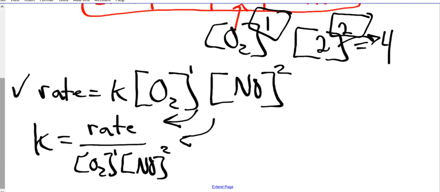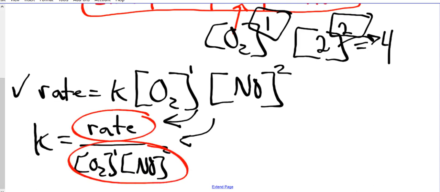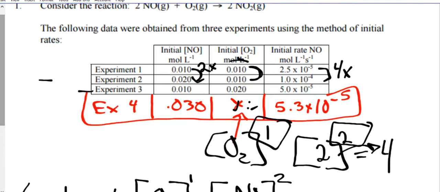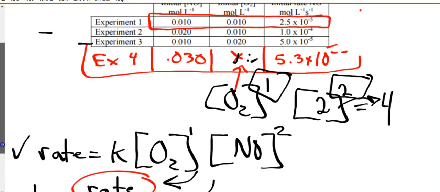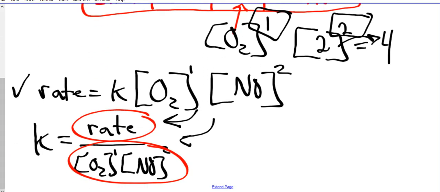And then I find the information to plug in from any of the rows. Any of them would work. I always pretty much pick the top row. I like it also because there's lots of 1s in there. So both of these are 0.1, so that'll be easy.